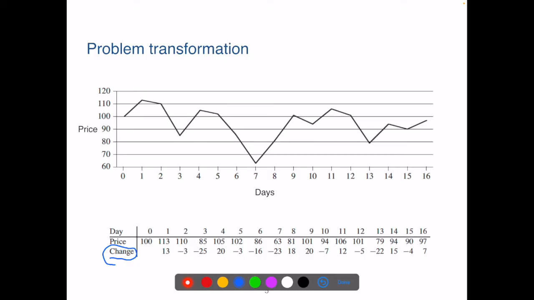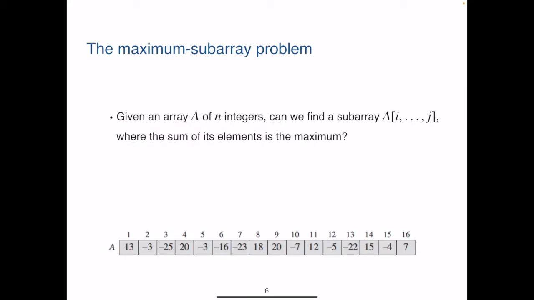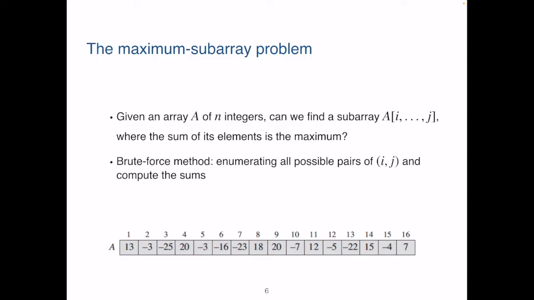We call this contiguous subarray the maximum subarray. Now this is the maximum subarray problem. Given an array A of n integers, can we find a subarray of A whose sum is the maximum? The naive brute force algorithm is still of the order of n squared.